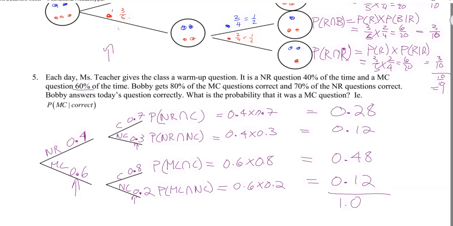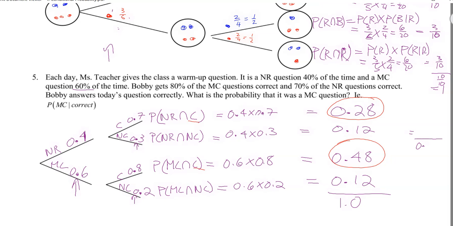Now, what is the probability given that it was correct? So the ones that are correct are these. The probability of him getting it correct is 0.28 plus 0.48, which is 0.76. So the probability that he gets it correct is 0.76.